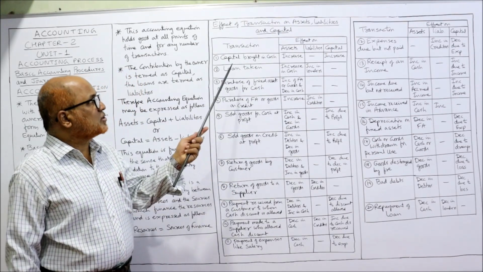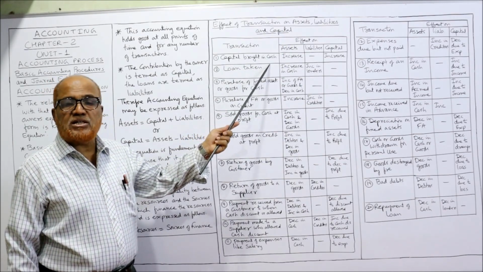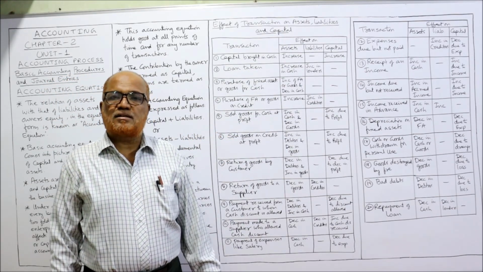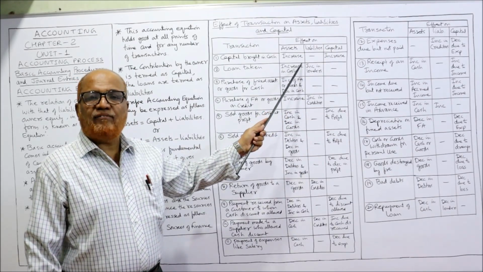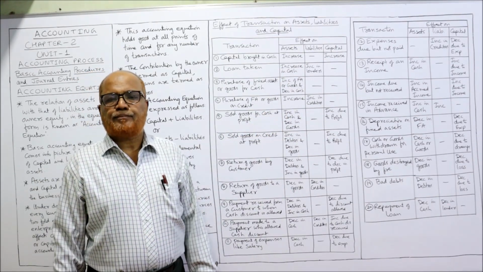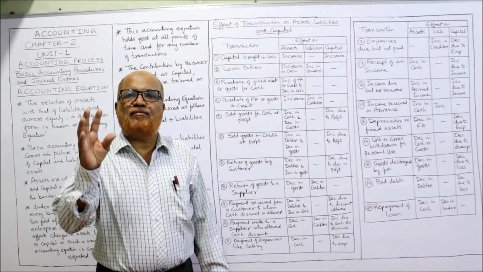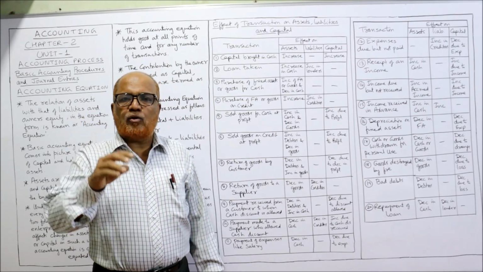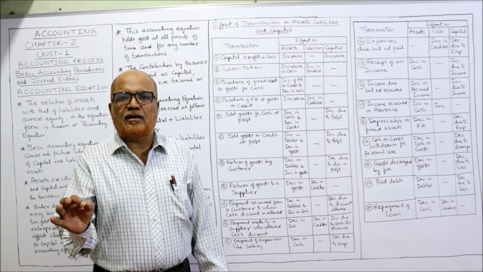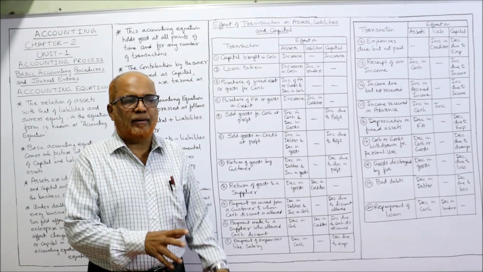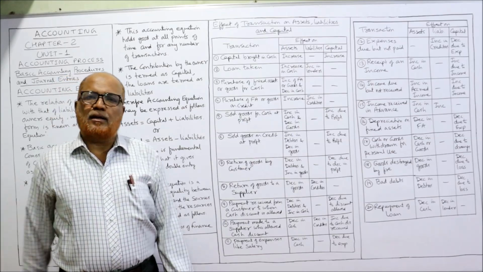So what is the effect of this capital brought in cash? It will increase the asset and also it will increase the capital. No effect on liability. Suppose the owner has invested 5 lakh rupees. So 5 lakh rupees assets increased and 5 lakh rupees capital increased. No effect on liability.